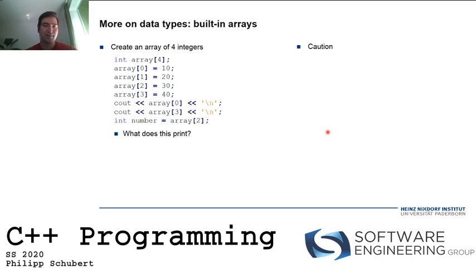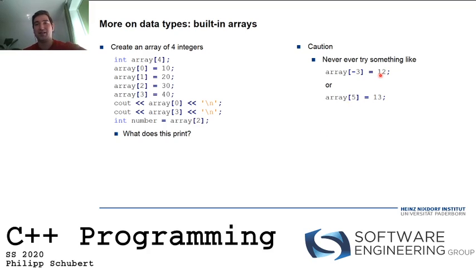Be very careful, however, if you use built-in arrays, because they are safe if you use them correctly, but if you do not use them correctly, they will bite you. So never ever try something like this one here. Never ever try to access an array at a negative index, because the index of an array always has to be positive, or at least it has to be 0, so non-negative.